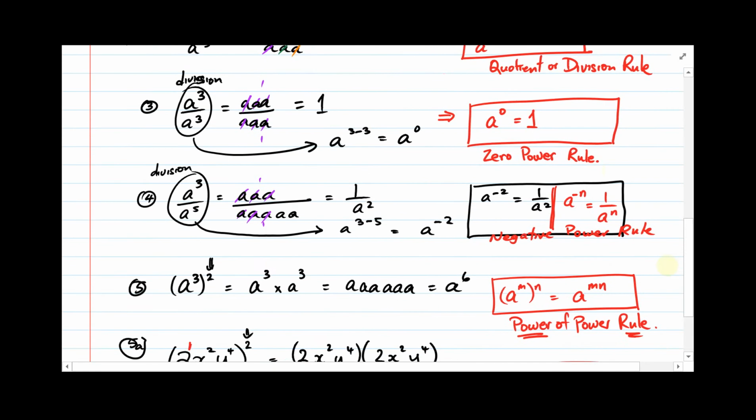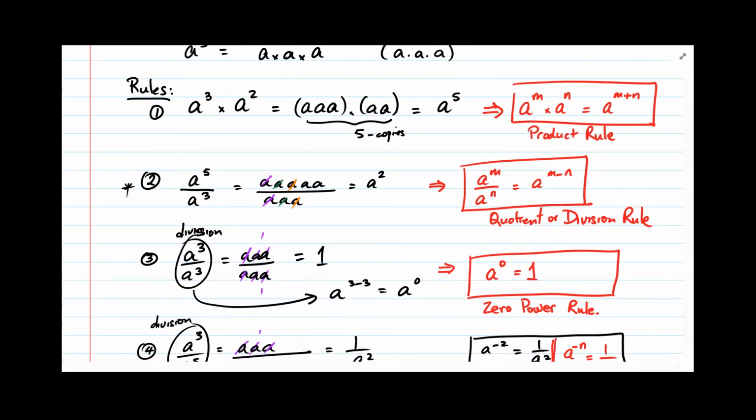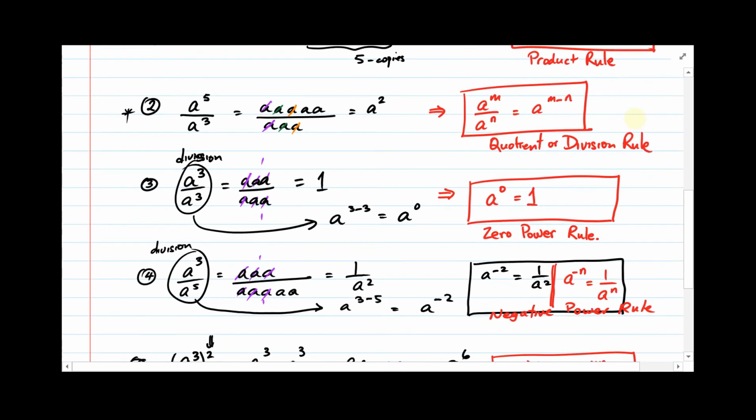Okay. All right. So take a moment and look back. We can recap some of these. We're going to use them. So we have the product rule, which tells us that if we're multiplying terms that have the same base, we can simply add the powers.